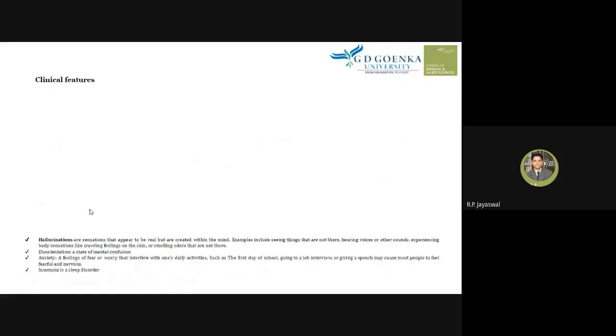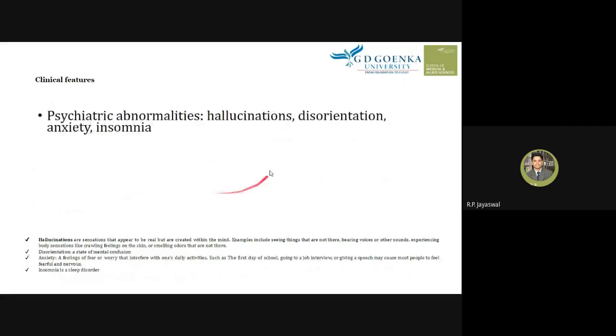Another is a psychiatric abnormality like hallucination, which is a kind of sensation that appears to be real but is created within the mind. These psychiatric abnormalities can be seen in acute intermittent porphyria. Examples include seeing things that are not there.